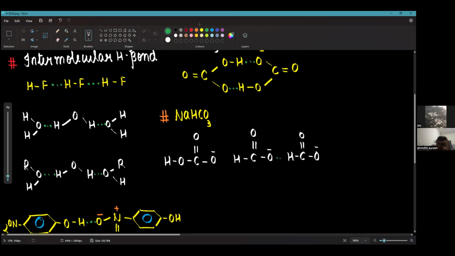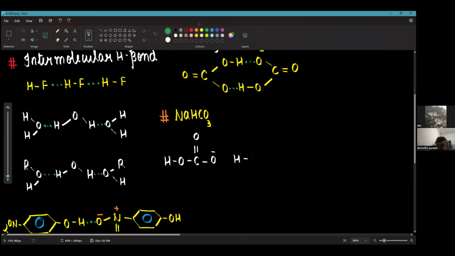See, this is the hydrogen bond. My mistake, I made a mistake, I made the acetate ion.